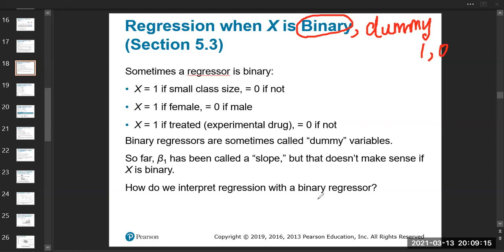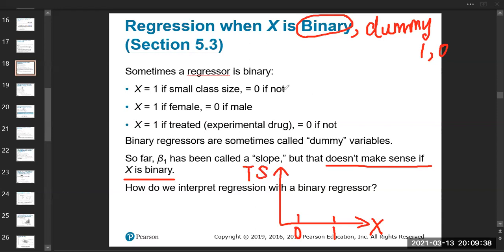So how do we interpret regression with a binary regressor? First, you should know why it doesn't make sense. So here is X, here is Y. Imagine this is 0, this is 1, and this is still test scores. So we are using this as our example.